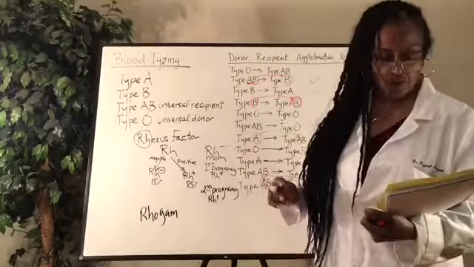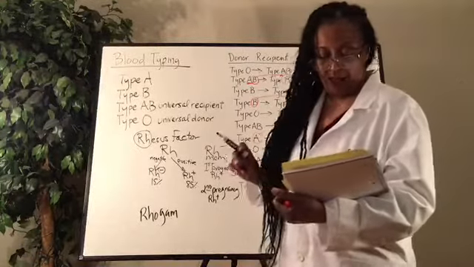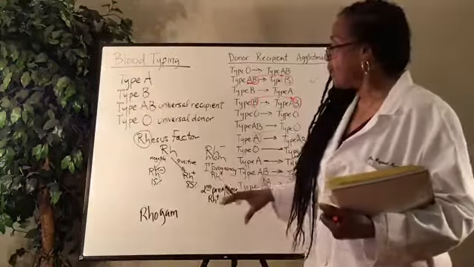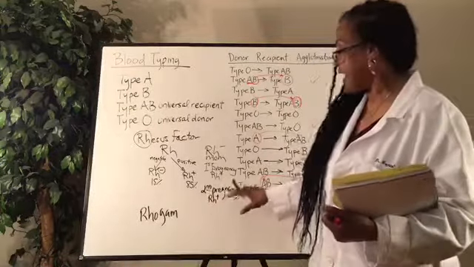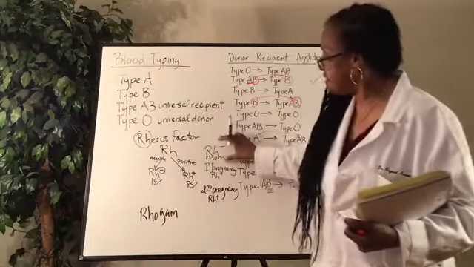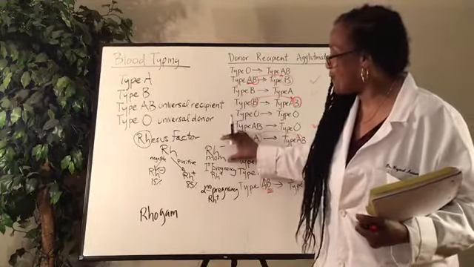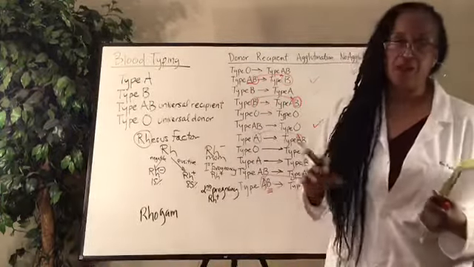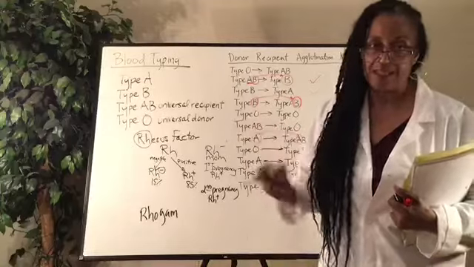RhoGAM will help prevent the mom's body from forming anti-Rh antibodies. So this protein will help the mom not form antibodies against Rh positive pregnancies.